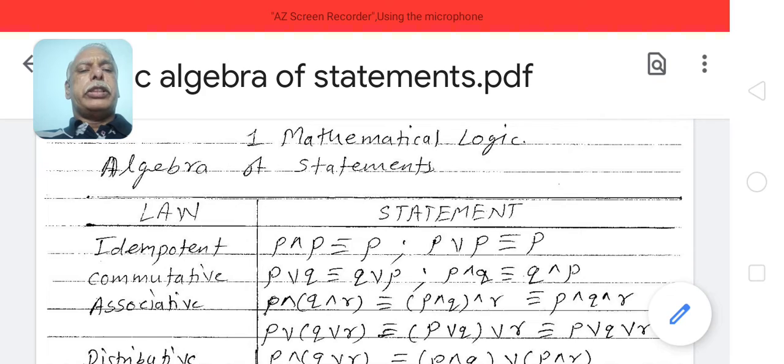Most of these things depend upon the shortcuts of the AND operator, OR operator, single implication, double implication, that is biconditional, and the last one, negation.